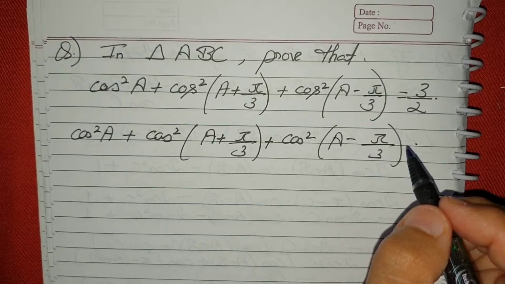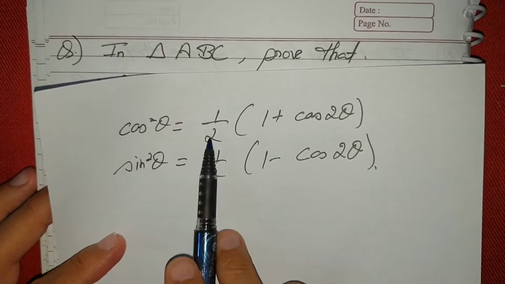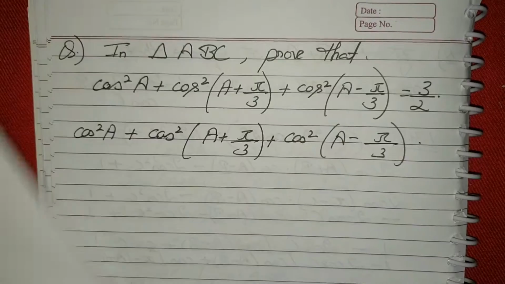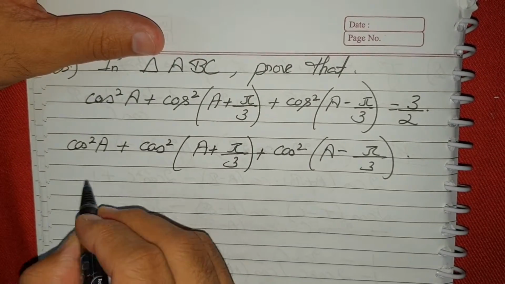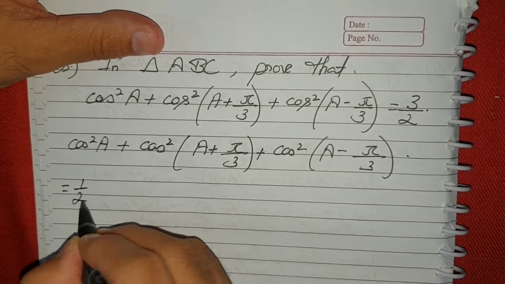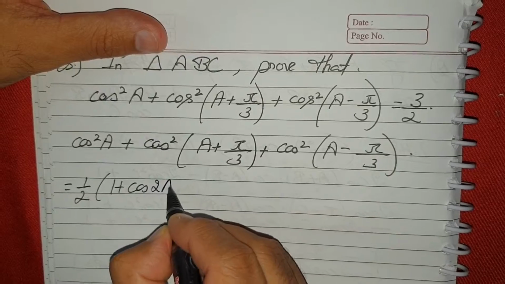So using the formula of cos square theta as half of (1 plus cos 2 theta), cos square A can be written as 1 by 2 (1 plus cos 2A).